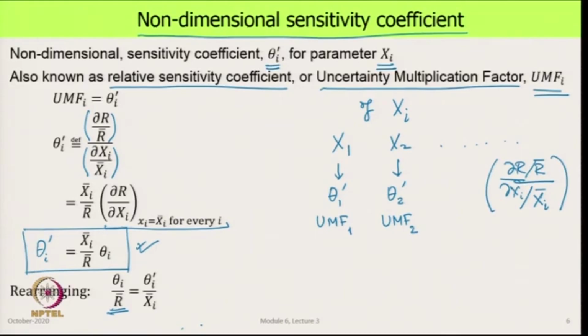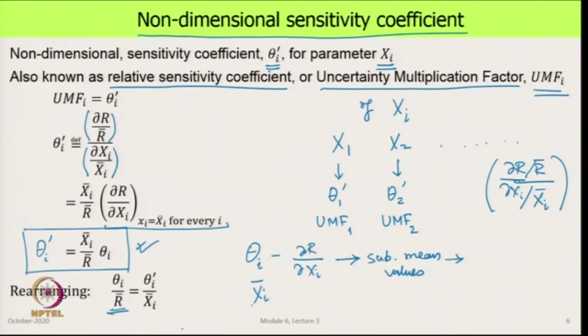So, if we have to calculate the value of the uncertainty multiplication factor, one way to do it is we calculate the value of theta I. So, for that you differentiate r, get dr by dx I, differentiate the function with respect to that variable, substitute the mean values, and this will give you theta I. We already have the mean value of every parameter.